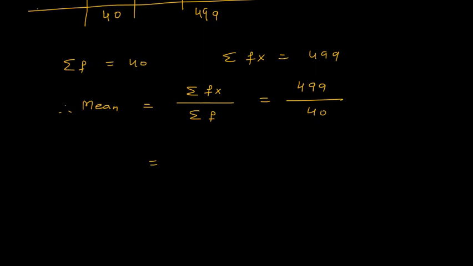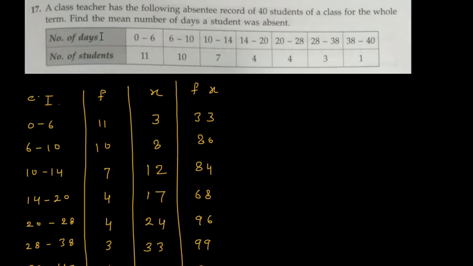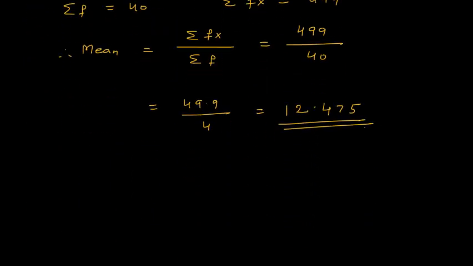So this is, we can say, 49.9 divided by 4, which gives 12.475. Right. So this is our mean for this problem. Find the mean number of days the student was absent. So the student was absent for 12.475 days. This is the mean value.